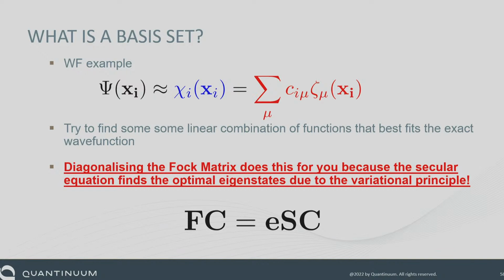And what's nice, because of what I said about the variational principle, the Schroedinger equation will always find the minimum energy for a finite basis. So you can obtain your bonding orbitals by directly just solving the Fock Schroedinger equation. So it's very powerful and very cool.